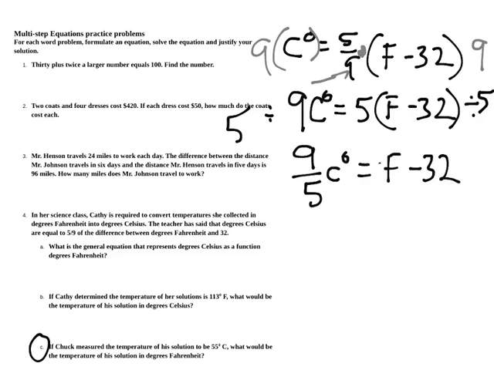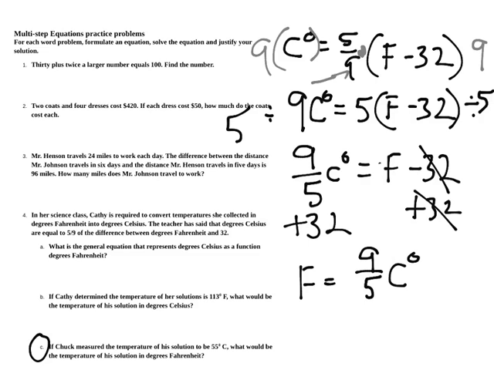So now to solve, I just add 32 to both sides. And I'm going to flip the whole thing in one shot because this cancels out. Fahrenheit equals 9/5 Celsius plus 32.